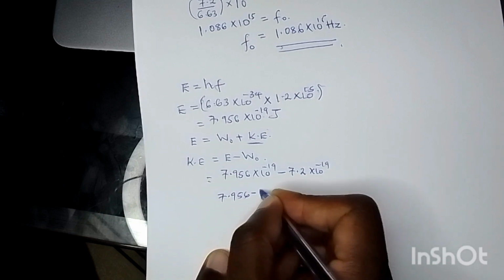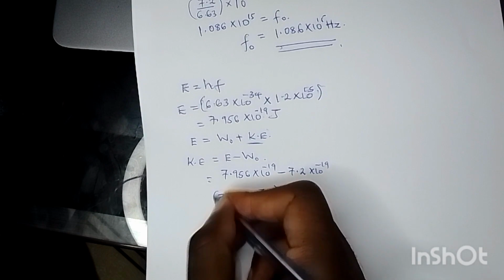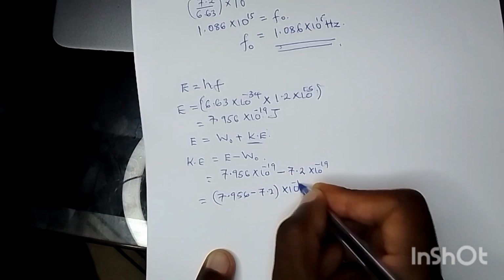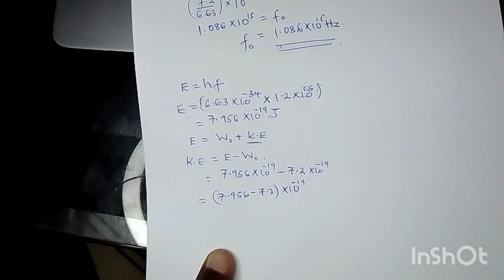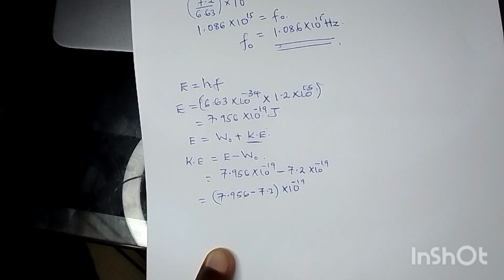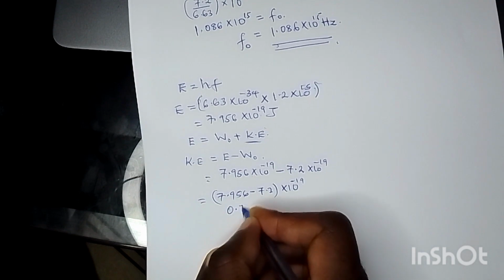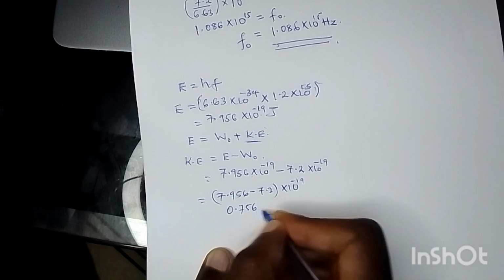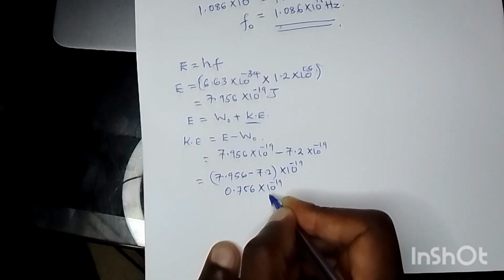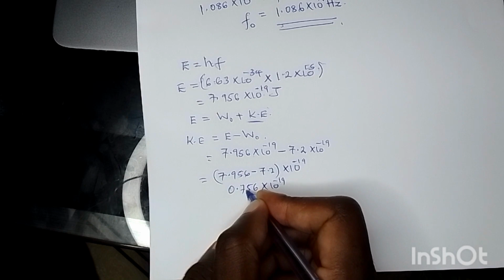So this is the same as 7.956 minus 7.2, everything times 10 to the power negative 19. I just subtract these two, and I get 0.756, of course, times 10 to the power negative 19. It is not in standard form, so this decimal moves to the other side.